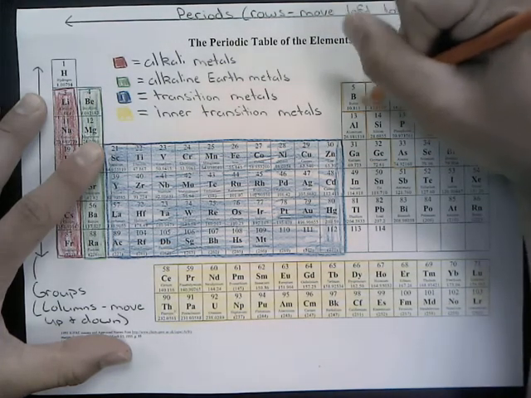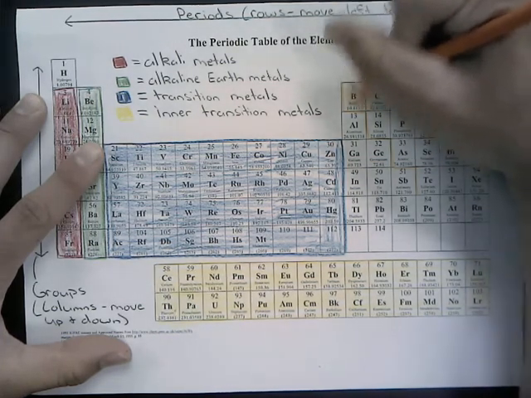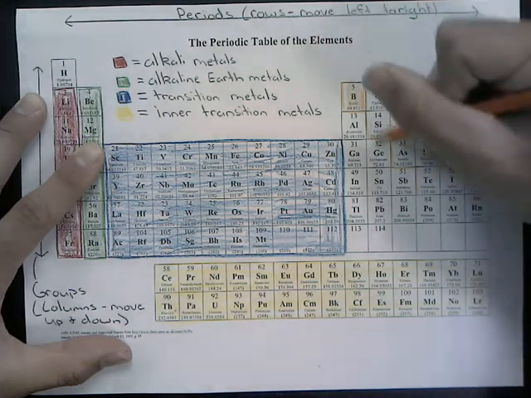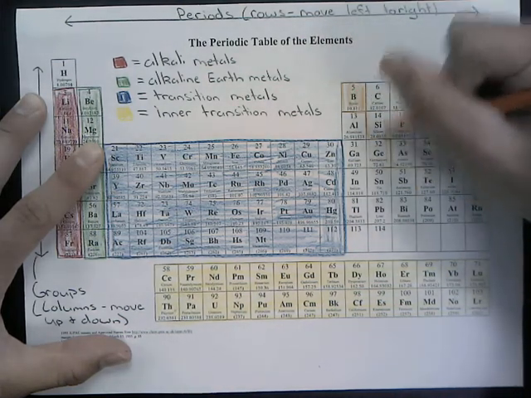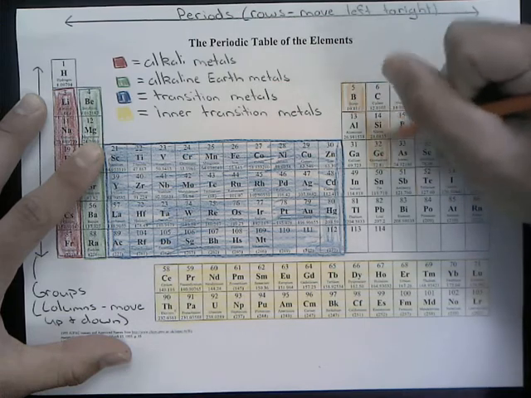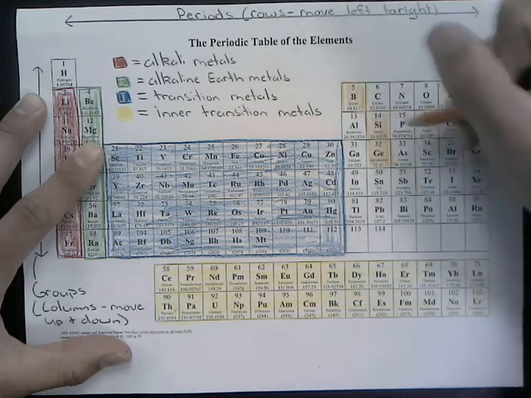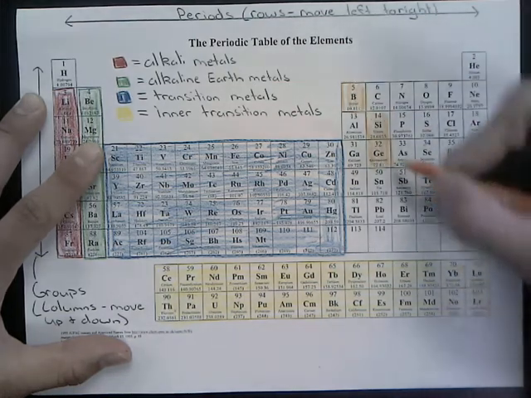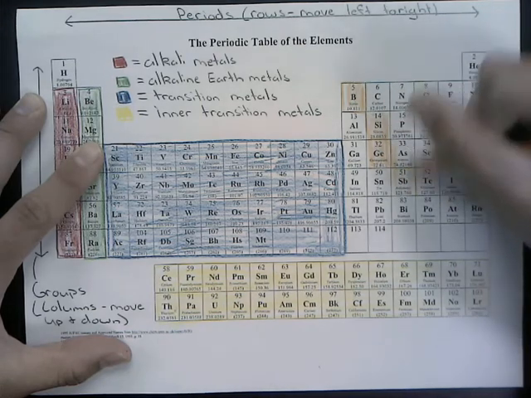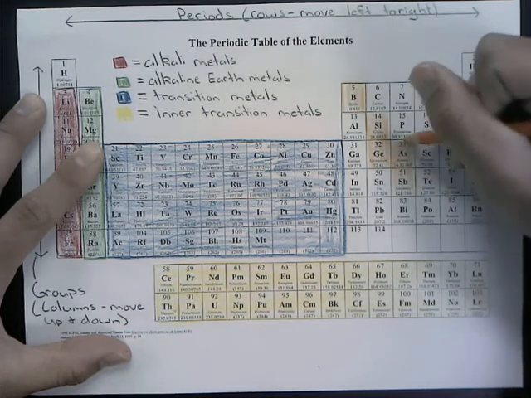So, boron is a metalloid. Silicon and germanium are metalloids. Arsenic and antimony are metalloids.